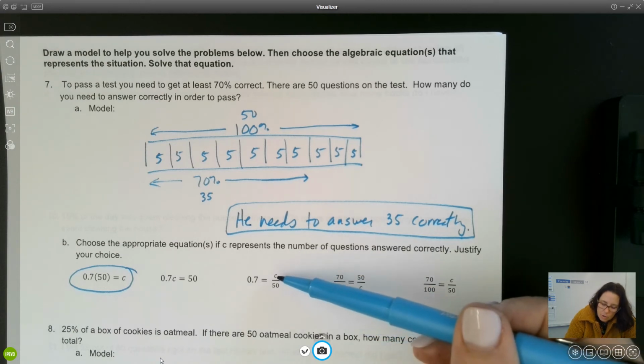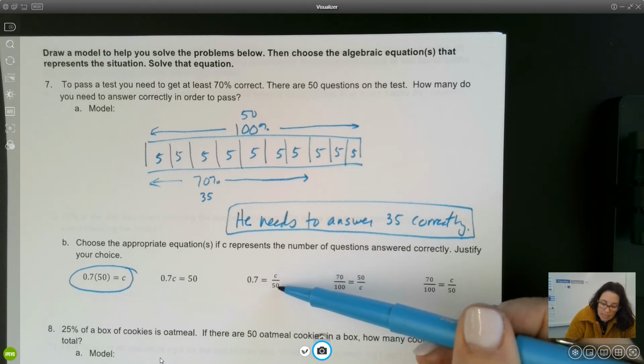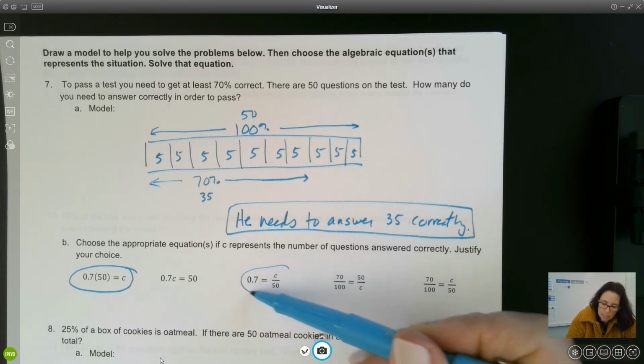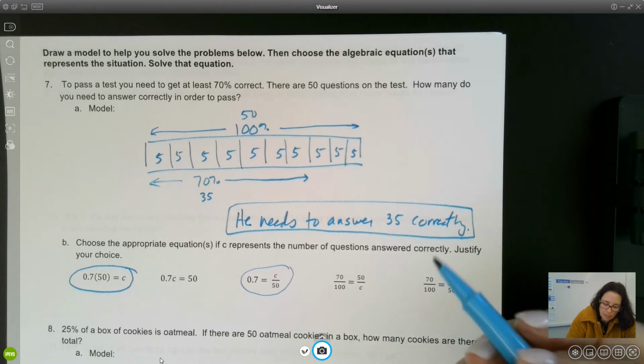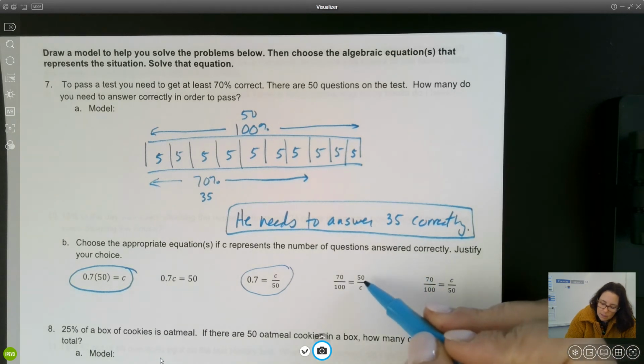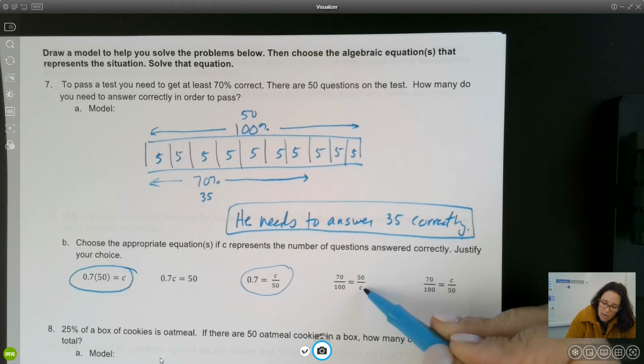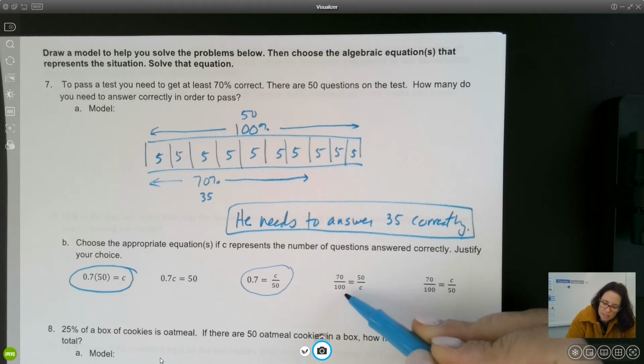The number you answered correctly divided by the total number is 70%? Yep. Okay, the number of total questions is on the top with 70%, and we're looking for however many to answer correctly is the full 100? No.